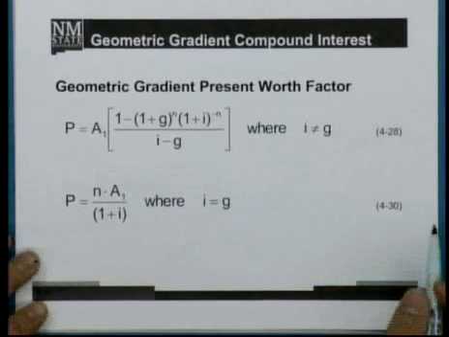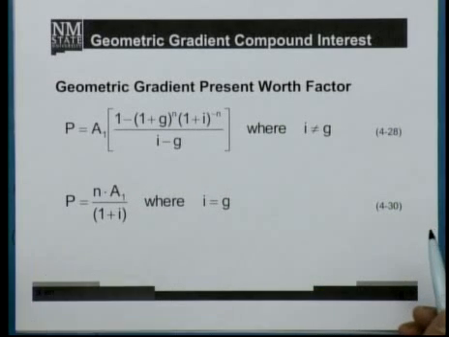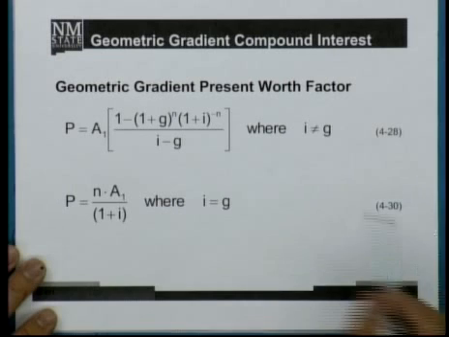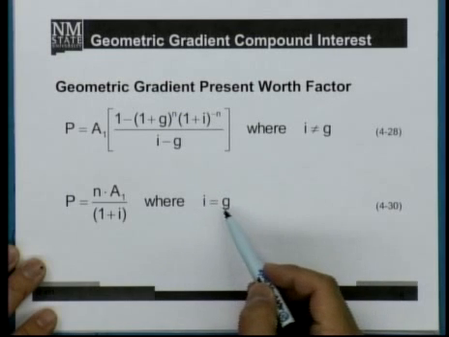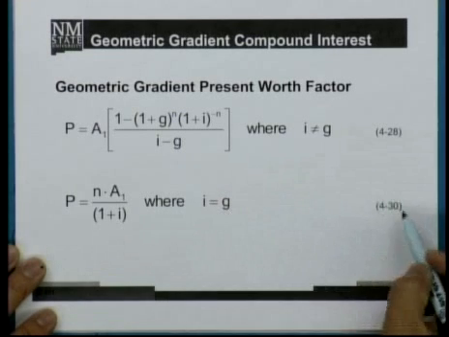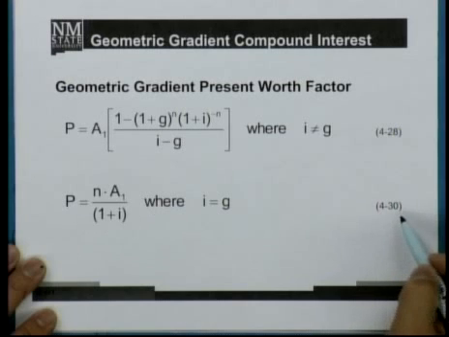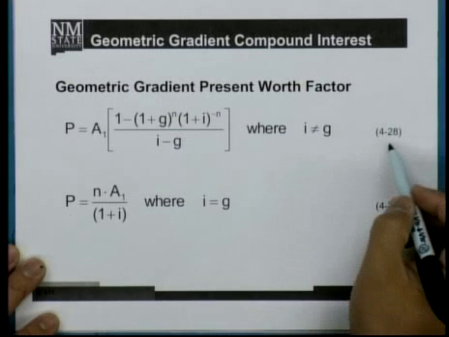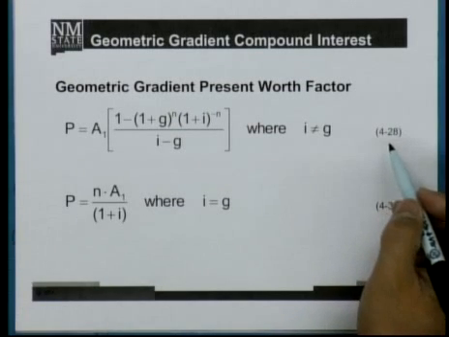And just to let you know, for a special case of i equals g, we use this formula 4-30 instead of 4-28. Okay?